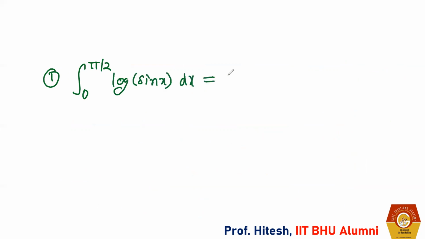Now write down the question. 0 to pi by 2 log of sin x, and that will be equal to 0 to pi by 2 log cos x, that you know. So find its value. Quite difficult question, quite interesting question. Do it well.